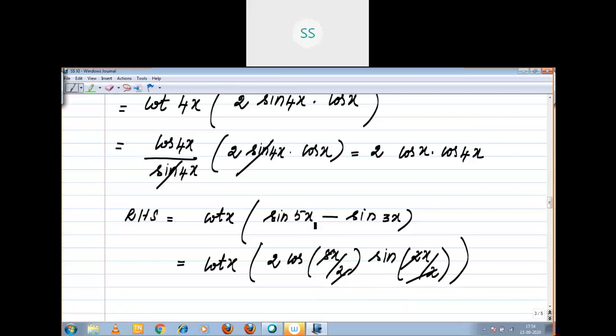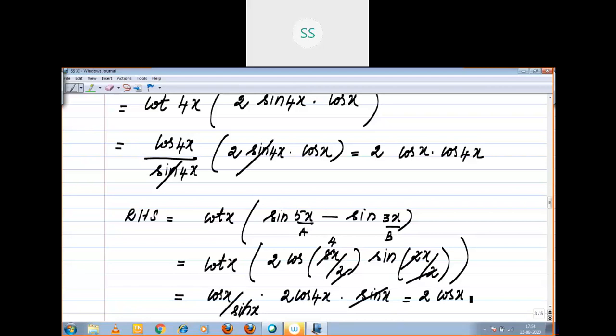Directly I wrote the formula, right? cos (A plus B) by 2 sin (A minus B) by 2. This is your A, this is your B. Now, cot x can be written as cos x by sin x into 2 cos 4x into sin x. sin x cancels. Then what is your result? 2 cos x into cos 4x.